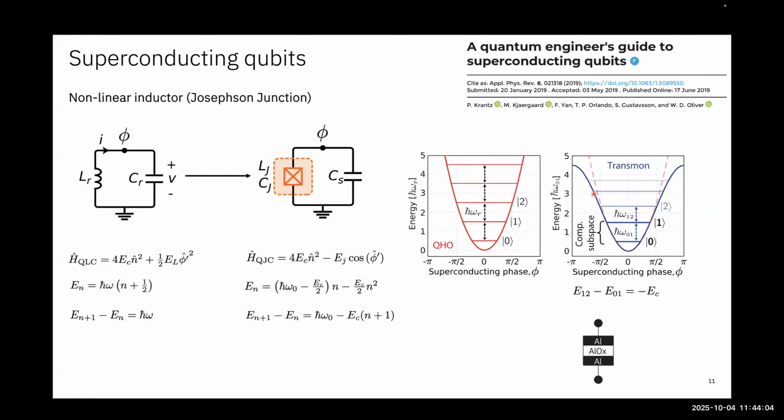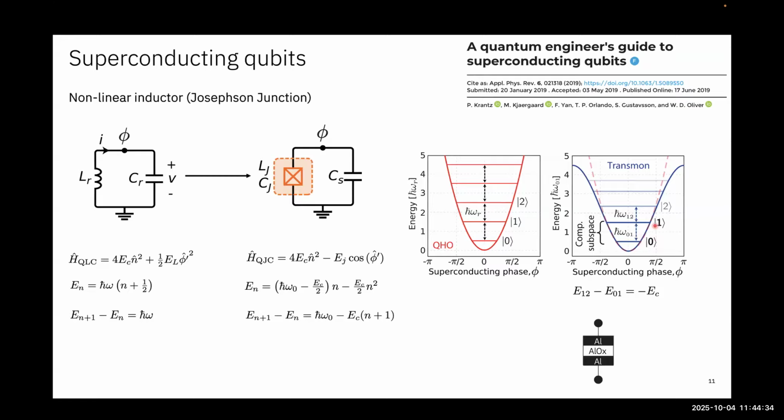The physical interpretation is that for a quantum harmonic oscillator you have equally spaced levels, but because of the cosine potential here, the spacing changes. It changes the energy difference between 0 and 1 from that between 1 and 2. As you can see, as you go up, the spacing between two consecutive states reduces.